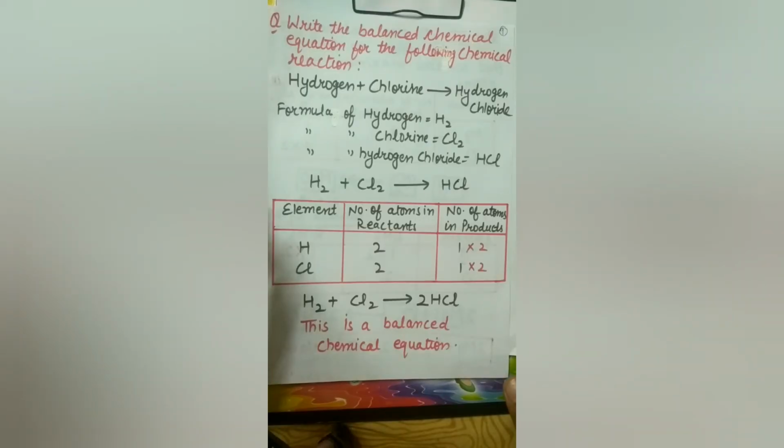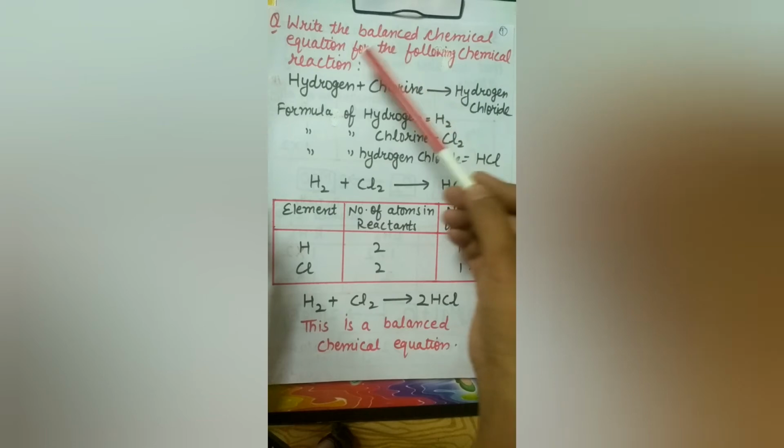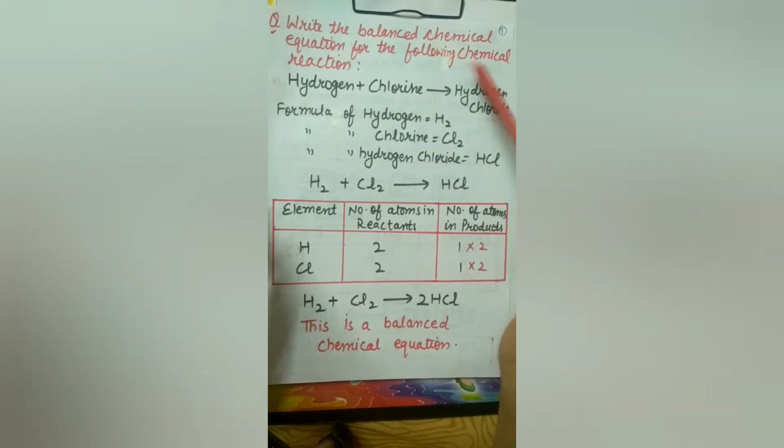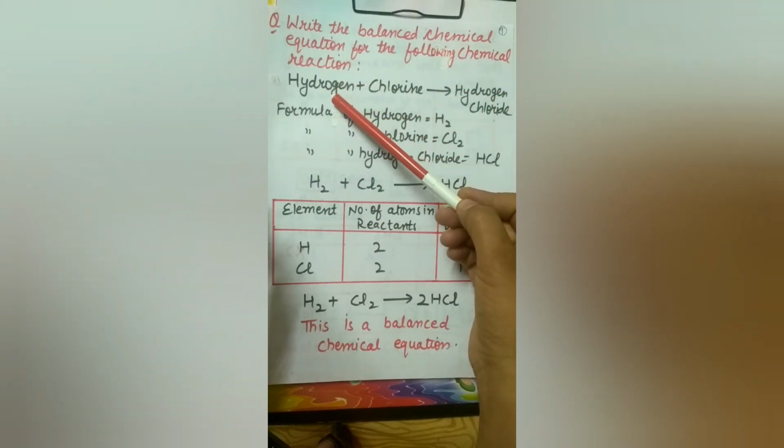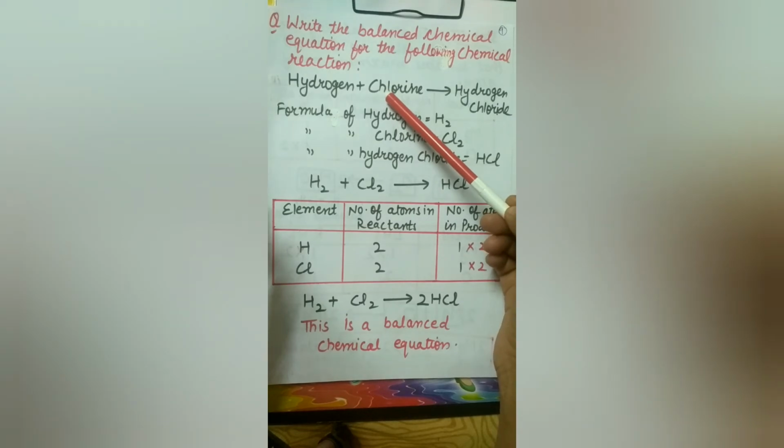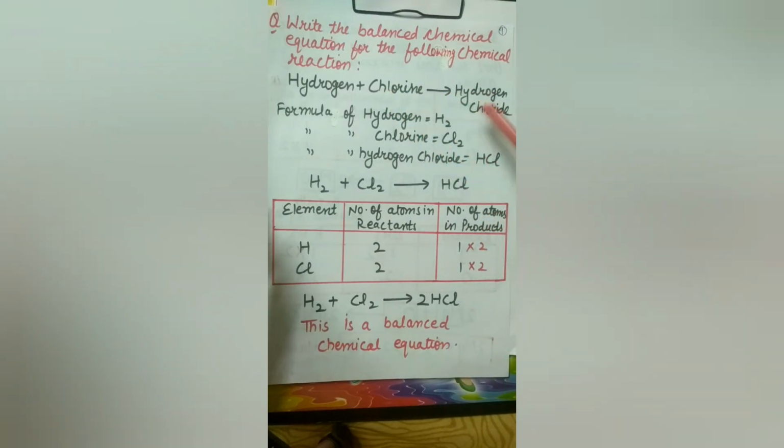Now we are going to discuss another example. Write the balanced chemical equation for the following chemical reaction. Hydrogen reacts with chlorine to form hydrogen chloride. As you know, this is a word equation. Now the first step will be to convert it into a chemical equation.